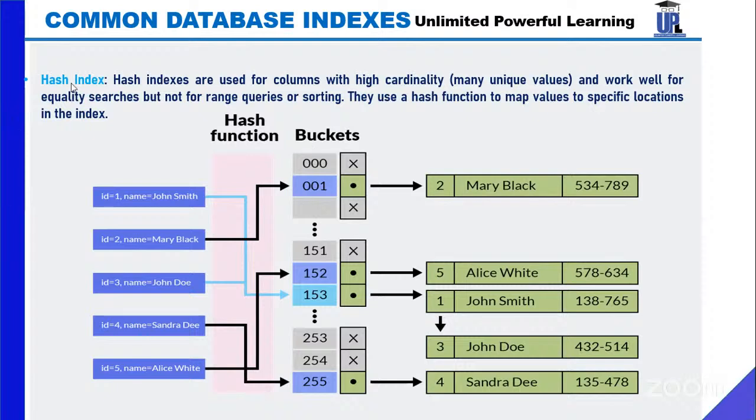What is hashing? When you apply a function, some algorithm, on some value, it automatically gives the address of the record. So this is another technique we can use for indexing. It may be clustered or non-clustered, but this is the logic we are talking about.